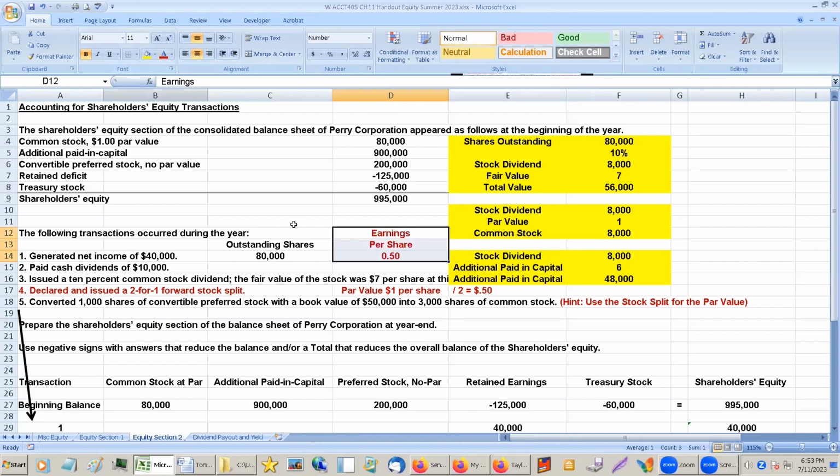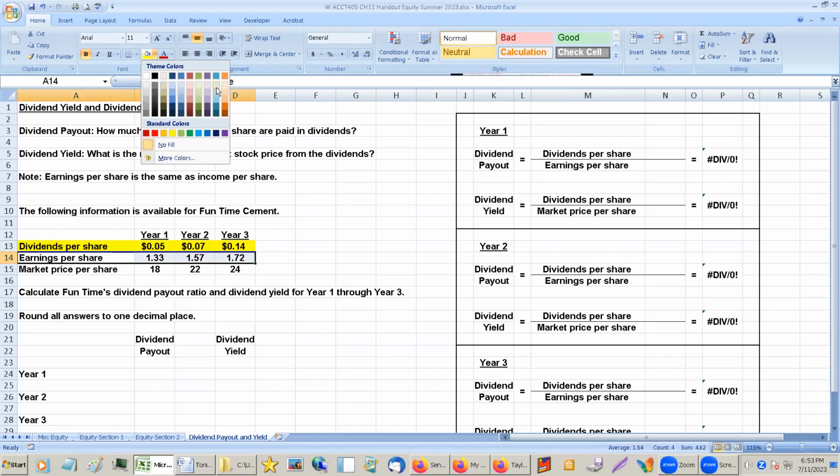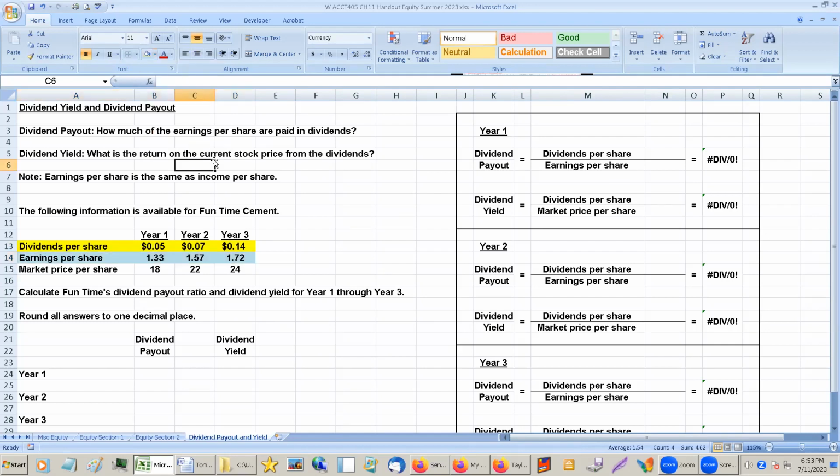So how much did they earn for each share? Now, the next question is, how much do they pay out? So let's take a look here. This is what they're paying out, the dividends. The earnings per share is how much each of those earned, and the market price per share is what the market price of it was.